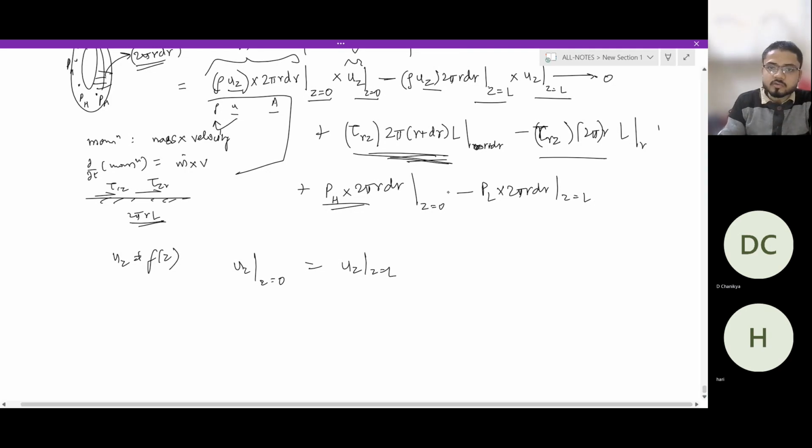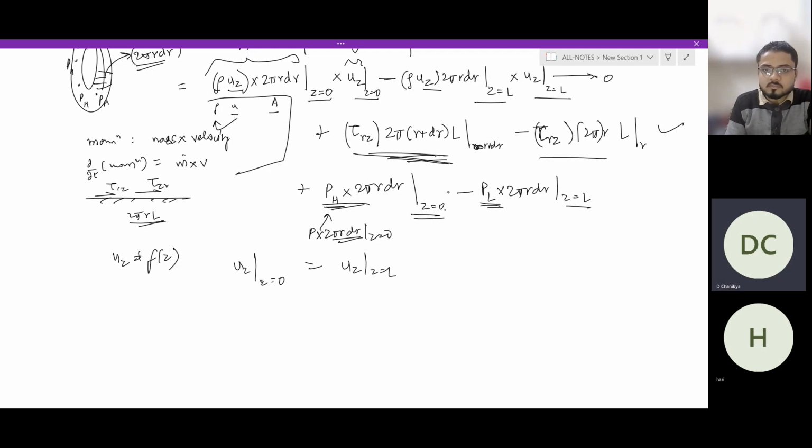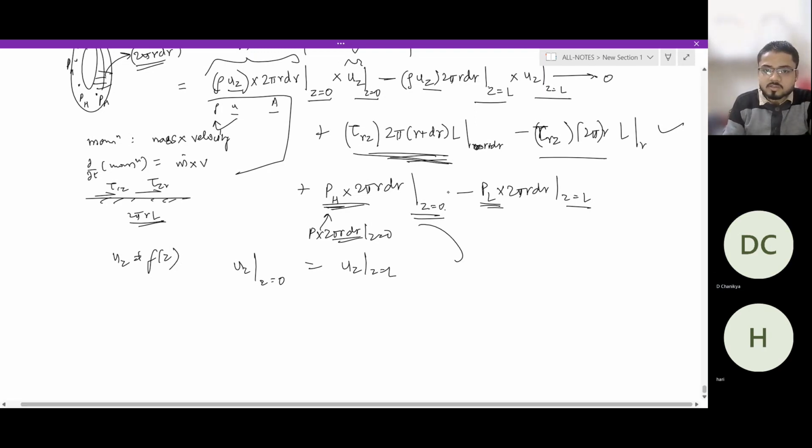Let's hold this on for a moment, okay? And here, at z equals to 0, this P is pH, of course. And at z equals to L, this is PL. So this was effectively P cross 2 pi r dr at z equals to 0, which is actually pH. And here it's 2 pi r, right? So this becomes pH minus PL times 2 pi r dr, right?